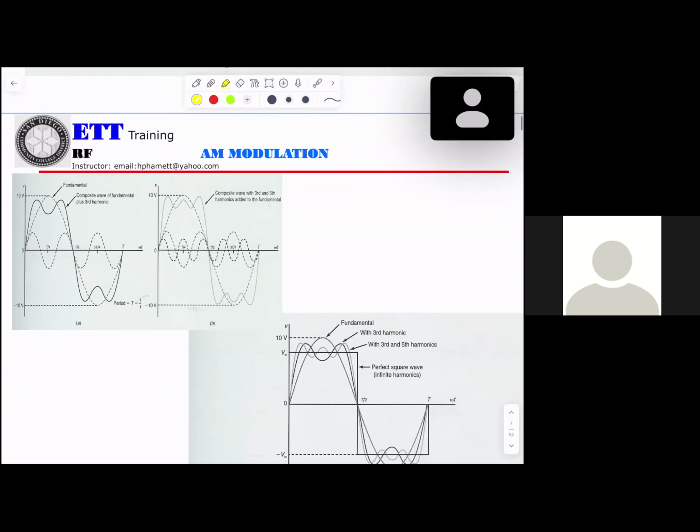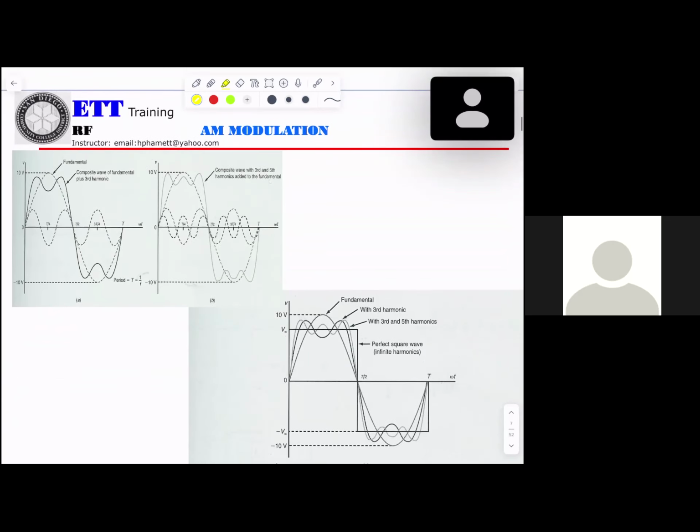And another picture here tells you this is the sine wave and square wave, sorry. So basically, a square wave is combined from sine waves. More sine waves make up the square wave.